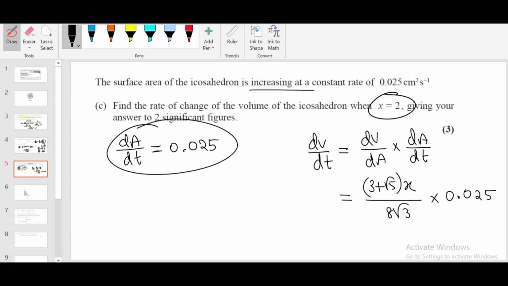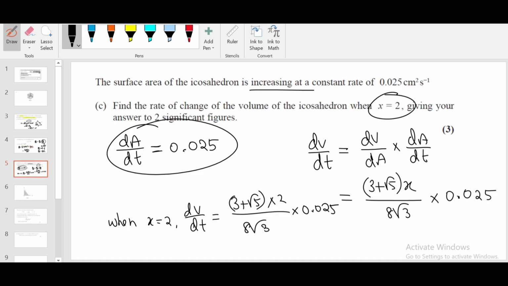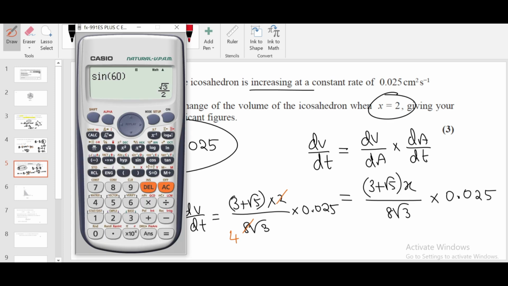Now replace x by 2. So when x is equal to 2, dV by dt is equal to (3 plus root 5) times 2 divided by 8 root 3 times 0.025. Cancel, this becomes 4.